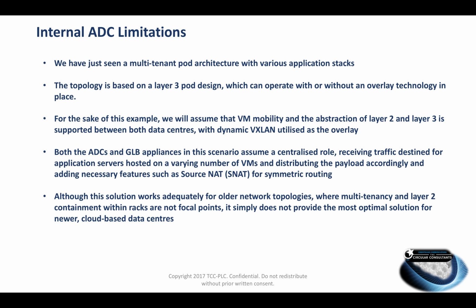So VXLAN began life as an IETF draft by Arista, Cisco, VMware, and a number of other vendors. It's an overlay technology that can bridge multiple layer 2 domains together over a predefined underlay network.